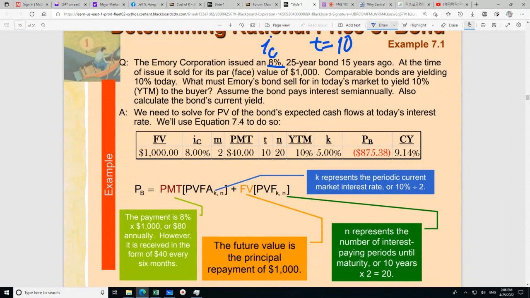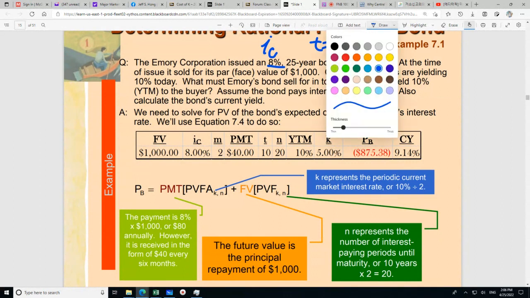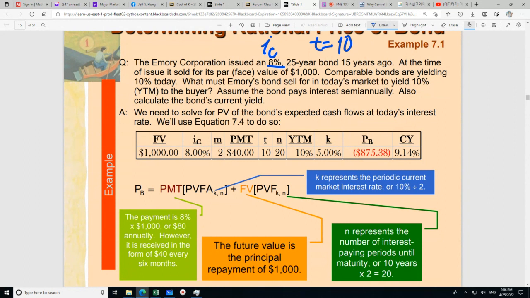At time 0, it had 25 years left to maturity, but now it has only 10 years left. And at the time of the issue, it sold for its par value of $1,000.